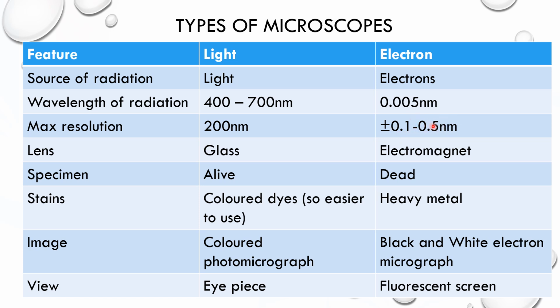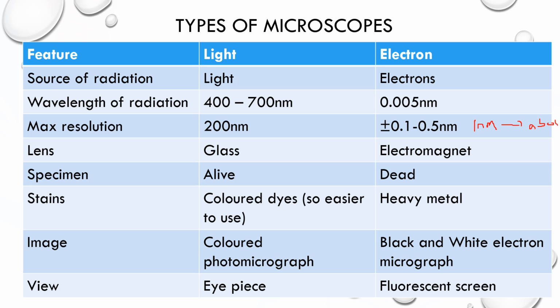So the electron microscope has higher resolution. It can see a lot. It can see molecules from maybe 1 nanometer and above. Remember, resolution has to be less than the size of the structure for the structure to be seen. So this can see from a minimum of 1 nanometer and above, or 0.5 nanometer and above.